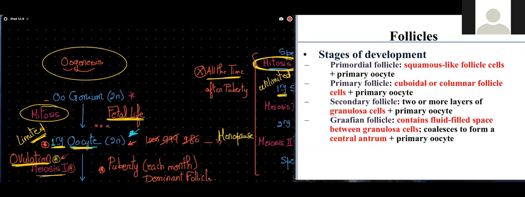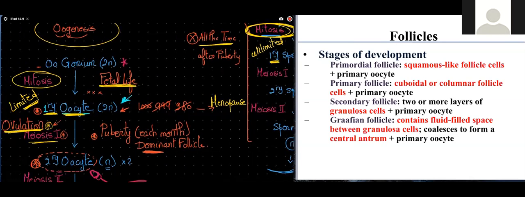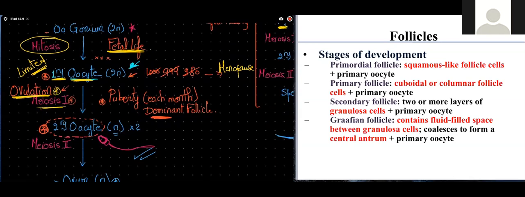We call the stem cell an oogonium. The oogonium divides by a mitotic division during fetal life of females into primary oocytes, and this is the type of eggs that we have in the ovary.